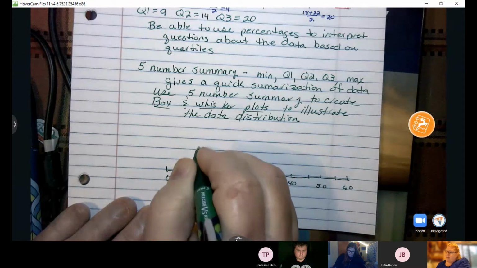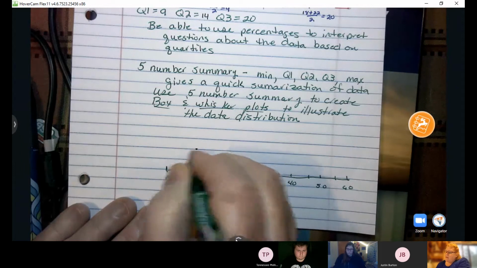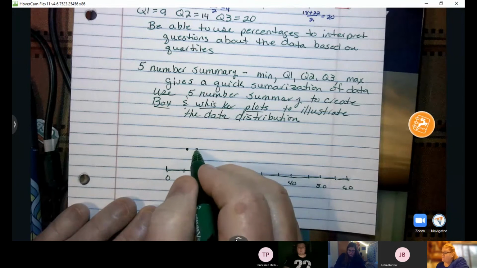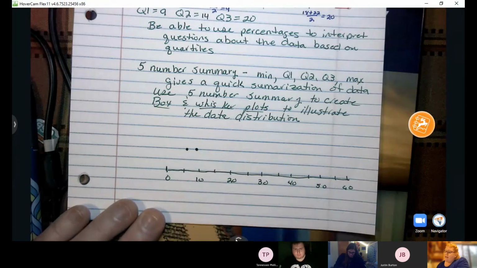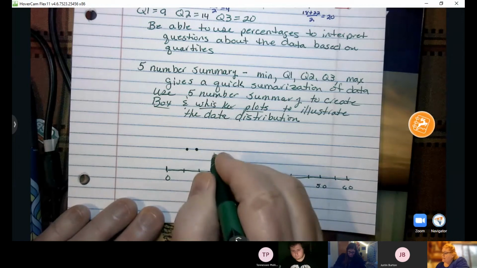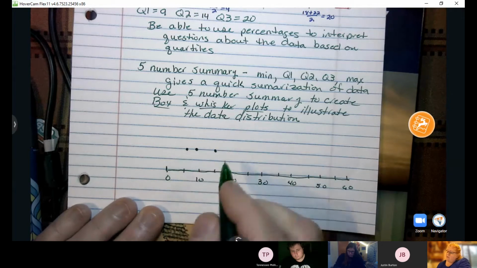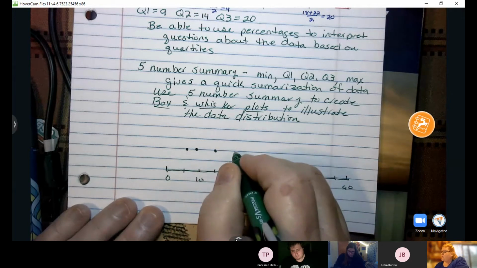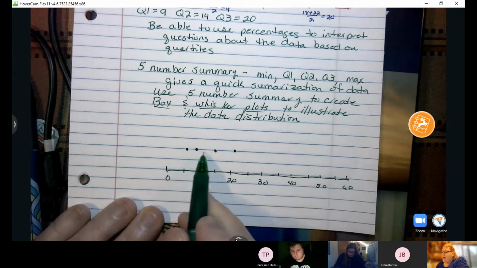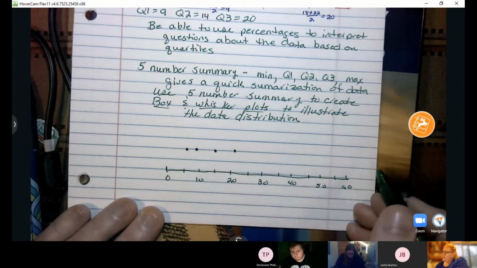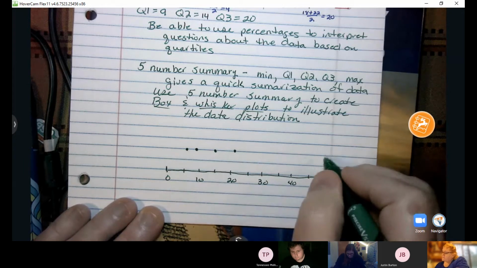So not on the scale, but above it. So here's my 5. My first quartile was at 9. My second quartile was at 14, so I kind of have to approximate those values. My third quartile was at 20, and notice these dots are all horizontal in a line, and my maximum value was at 50.